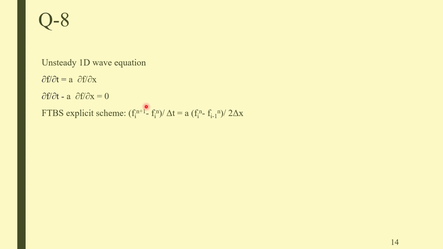For that, we discretize dou f by dou t using the forward difference approach. So it is Fi^(n+1) minus Fi^n, taking the nth time step and the (n+1)th time step, divided by delta t, is equal to a times, now we are doing backward in space.